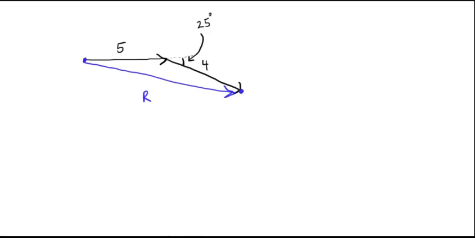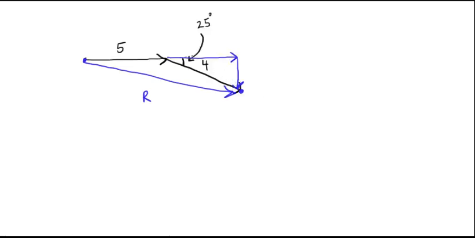Well, here's where I can take this vector, the 4-unit vector, and split it into east and south components. So I can go ahead and split this guy into its east and south components.